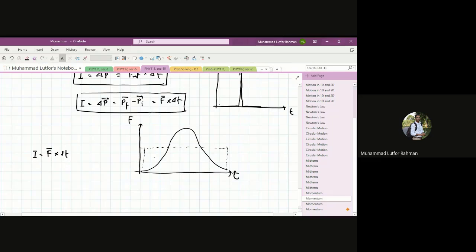And this del t would be basically this time, which is actually that del t, and this would be basically the force. And this F into del t is basically the area of this one, right?